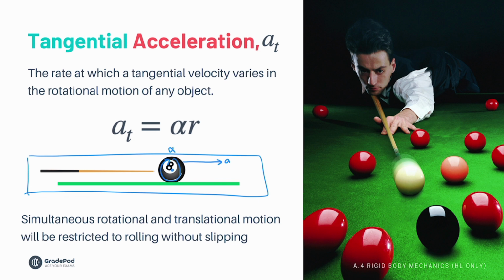So I'm asking you to keep your eye out for situations where things are rolling without slipping. And by that I mean cylinders rolling down a hill, a ball on a hill, a cylinder, a pulley. Things that are rolling without slipping will have tangential acceleration, and they'll also have angular acceleration.